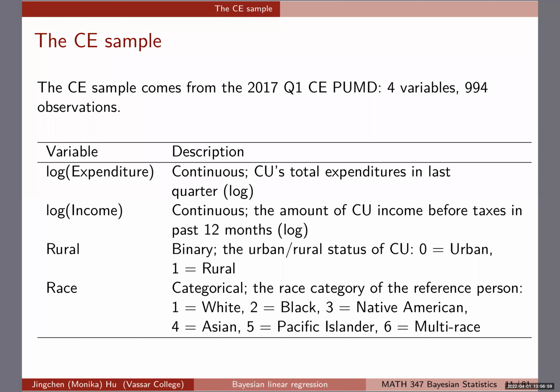For example, rural is a binary predictor variable, and race is an unordered categorical variable. We're going to see how, not today, of course, today is mostly just simple linear regression, but later you will see how we can include binary predictors like rural and unordered categorical predictors like race into a multiple linear regression. So this, I think, will expand your toolbox of analyzing data once we get to that point.